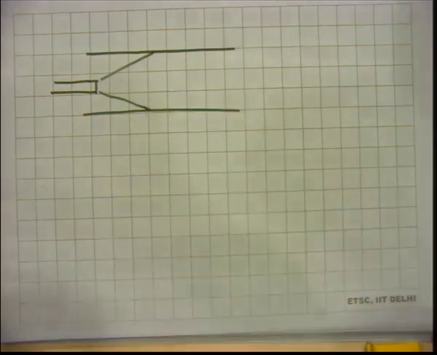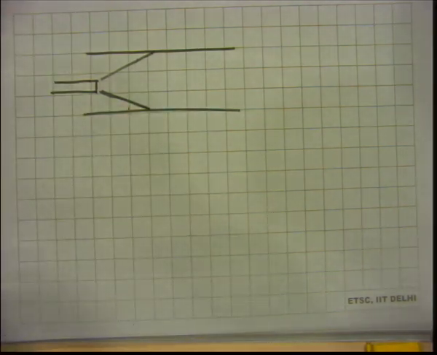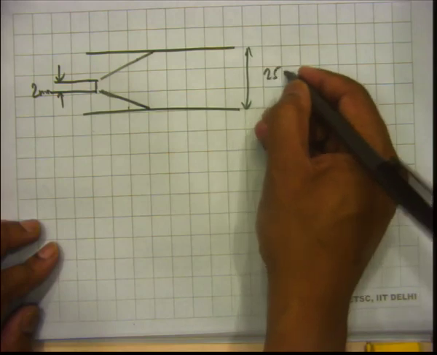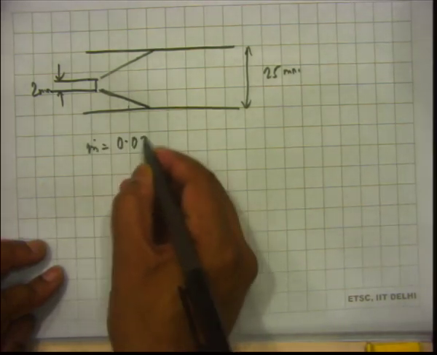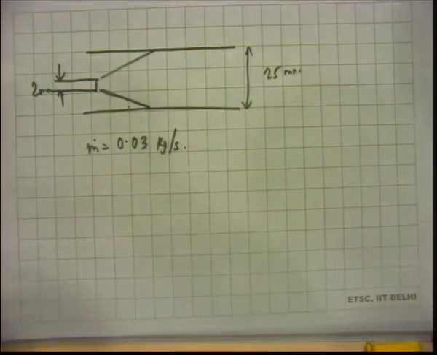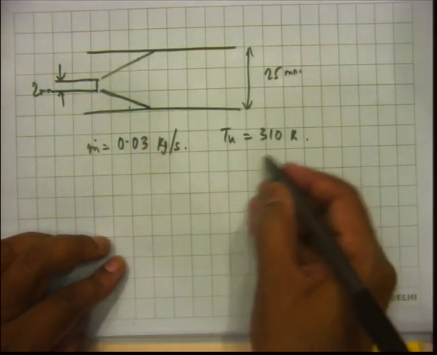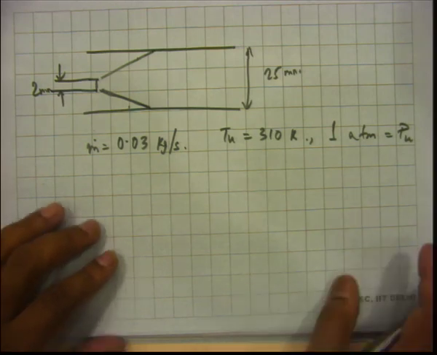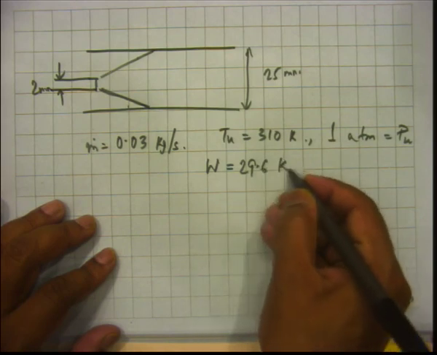So it's like this. I am drawing this straight line here to indicate this is the averaged kind of situation that you have. So this is 2 mm and this is 25 mm, and the flow rate through the duct is 0.03 kg per second, and the unburnt mixture is at 310 Kelvin, 1 atmosphere pressure, and the molecular weight of the unburnt mixture is also given.